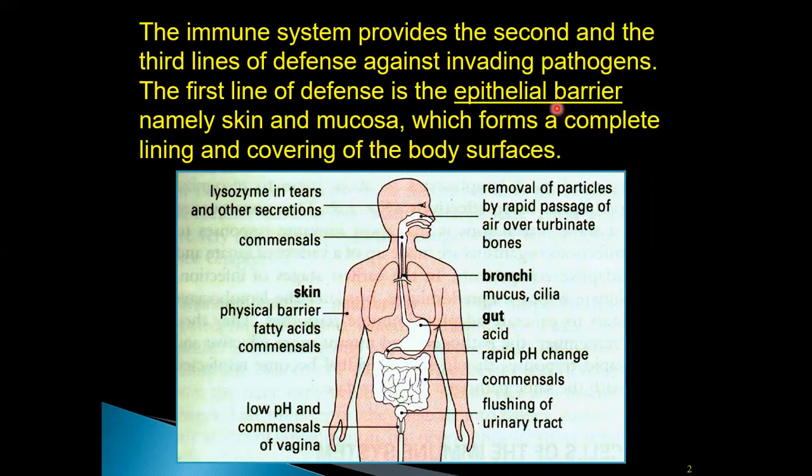They make the first line of defense, a barrier against the invasion of microorganisms from outside into the body. The second line of defense is provided by the immune system. Once the pathogens breach the first line of defense, the immune system comes into action as the second line of defense.